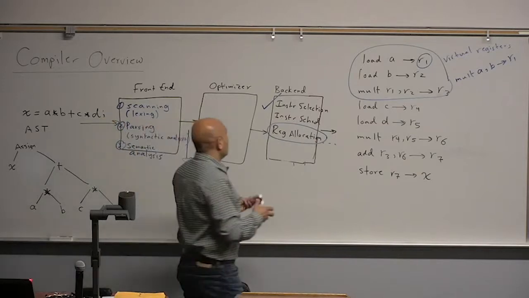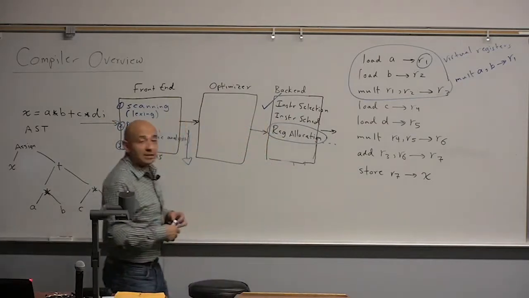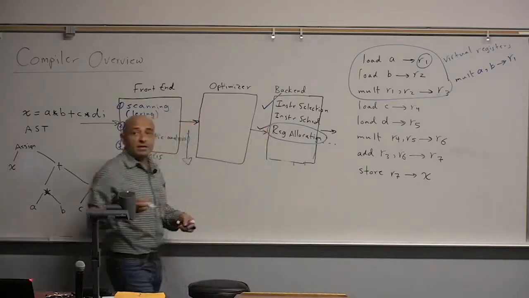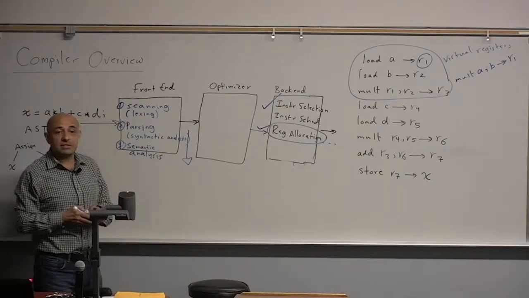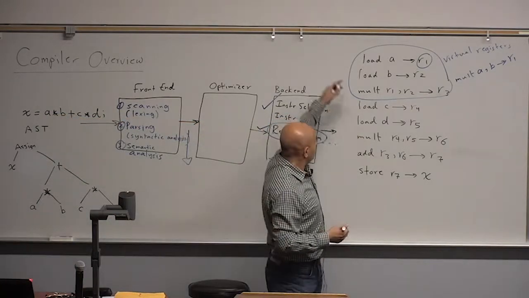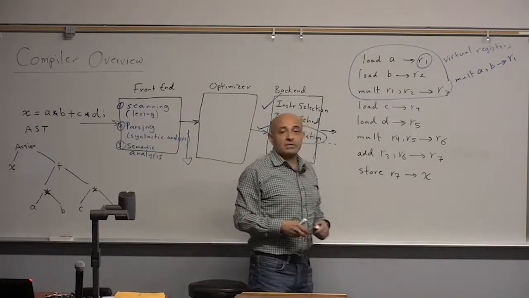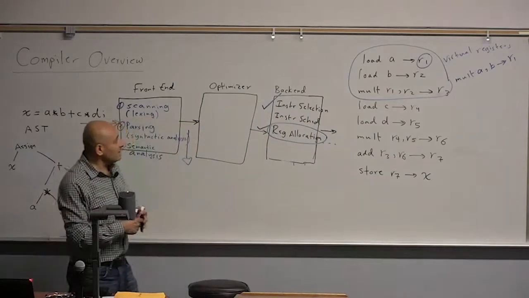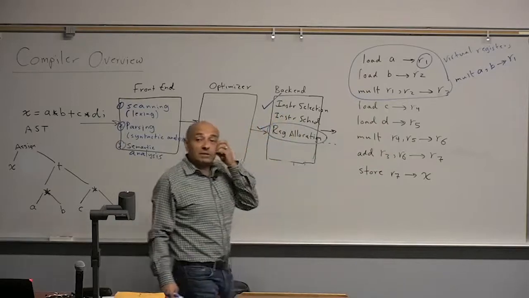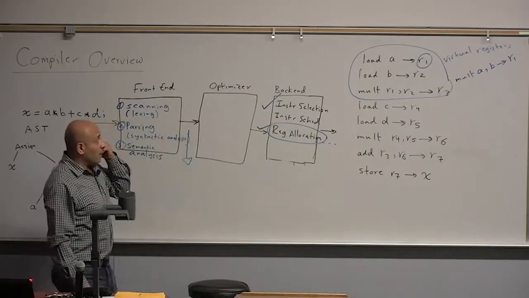Okay, so now we know what instruction selection is. We know what register allocation is. It remains to say something about instruction scheduling. Given this sequence of instructions, this is not necessarily the best ordering for executing these instructions. Why?